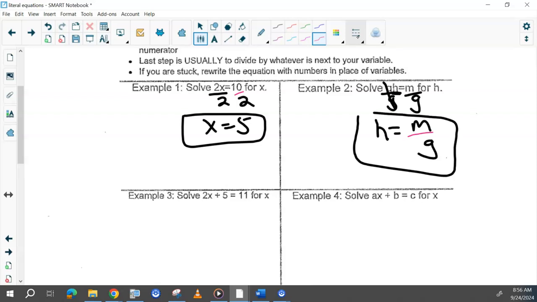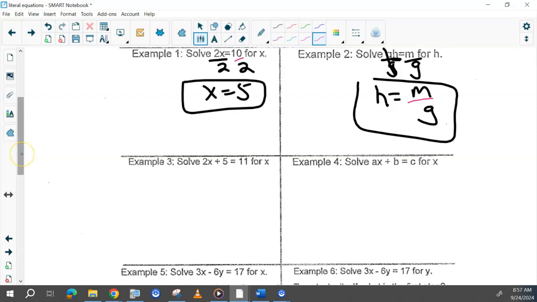I have no idea what that means, but if I had the numbers for h, m, and g, they should equal each other. Questions on that? So we have isolated h, we have solved for h, and that was the goal, to solve this equation for h. For example 3, how would I get x by itself there?